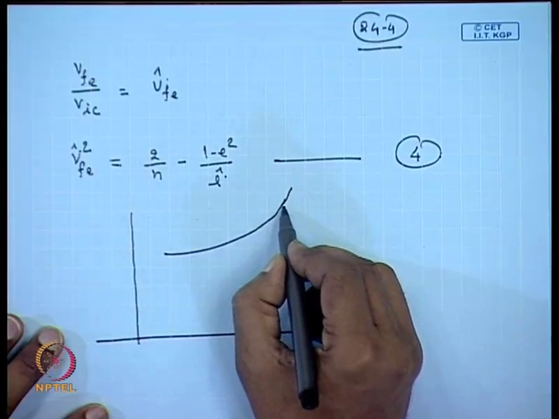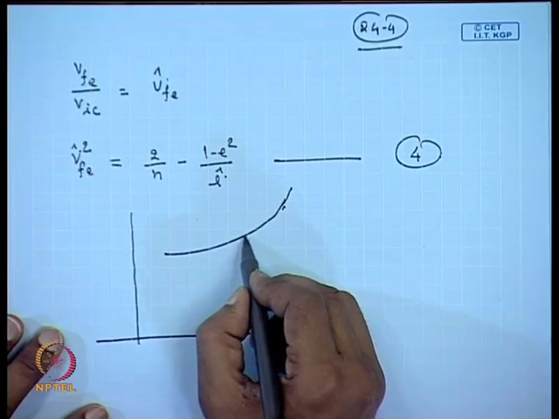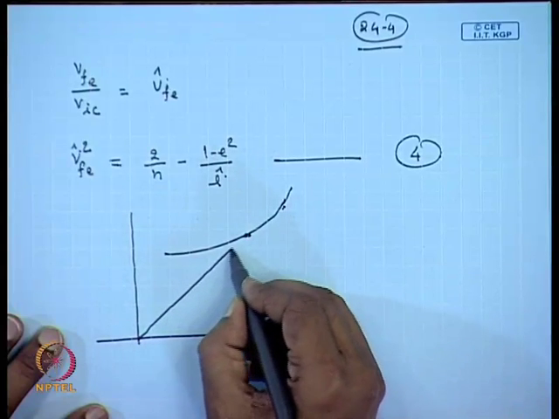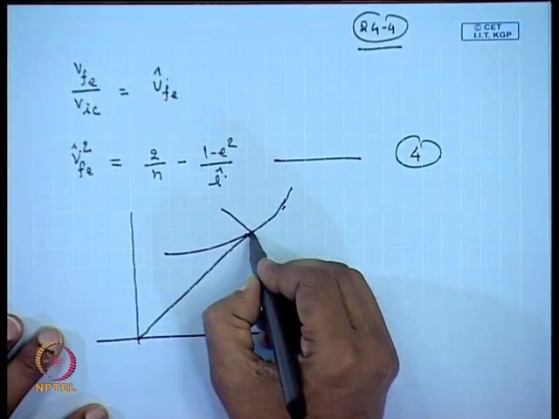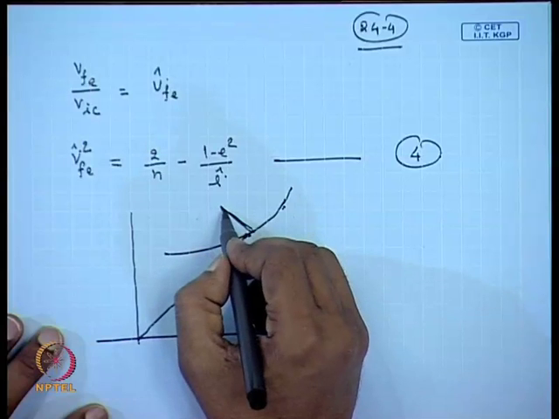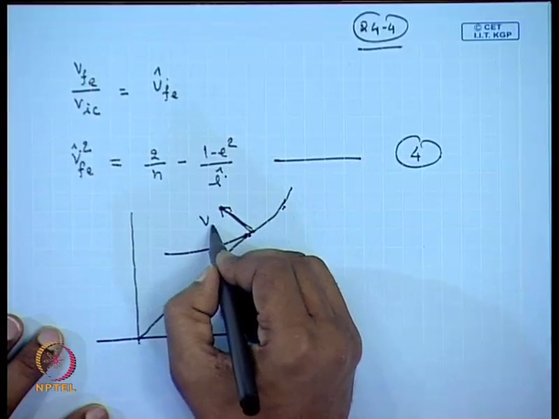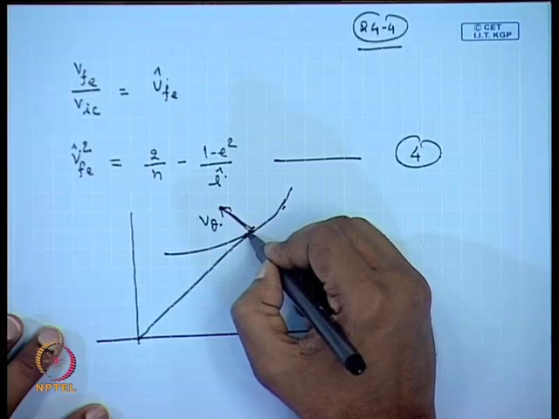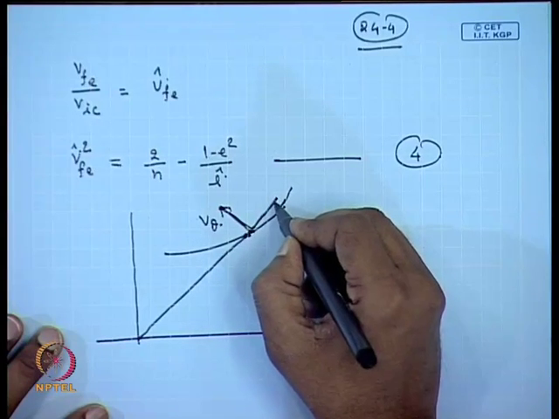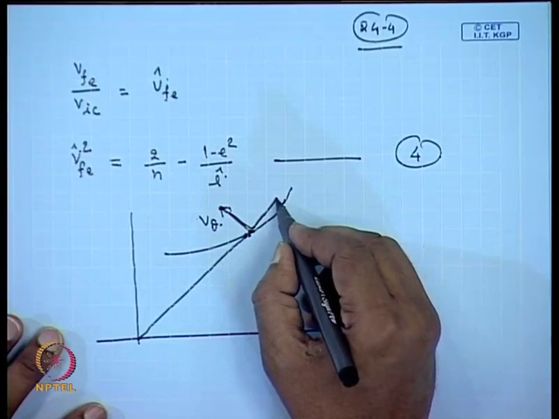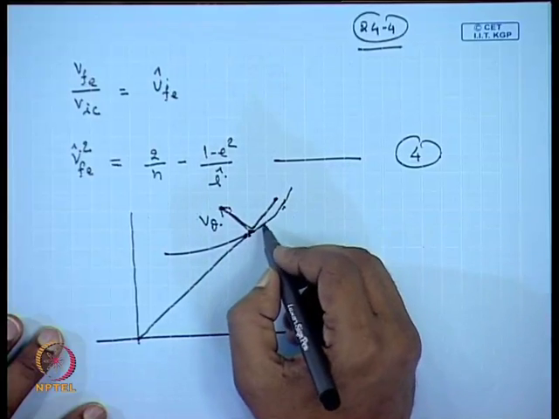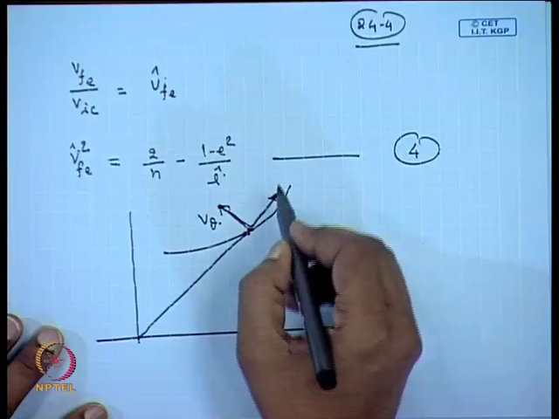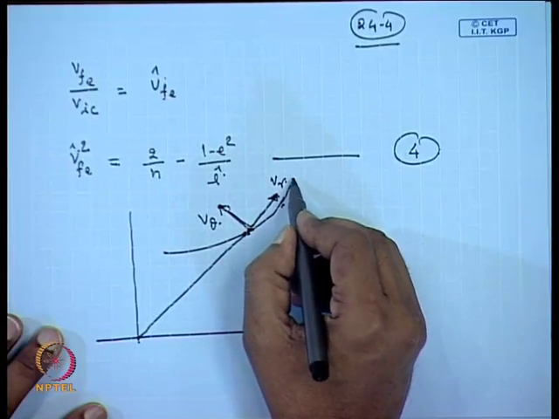Now, say this is our transfer trajectory. This is V theta, and here we can show this as V r.